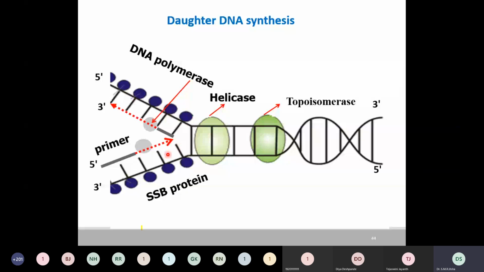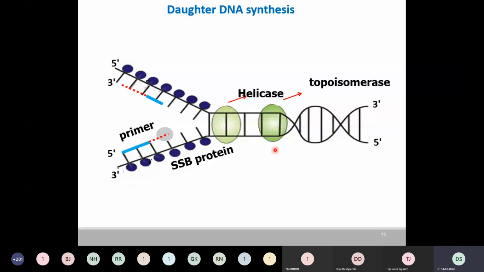So this part of the DNA is now replicated. Now the helicase has to further separate this part. Now we will see what happens. Now this strand has been separated and it has to be extended.